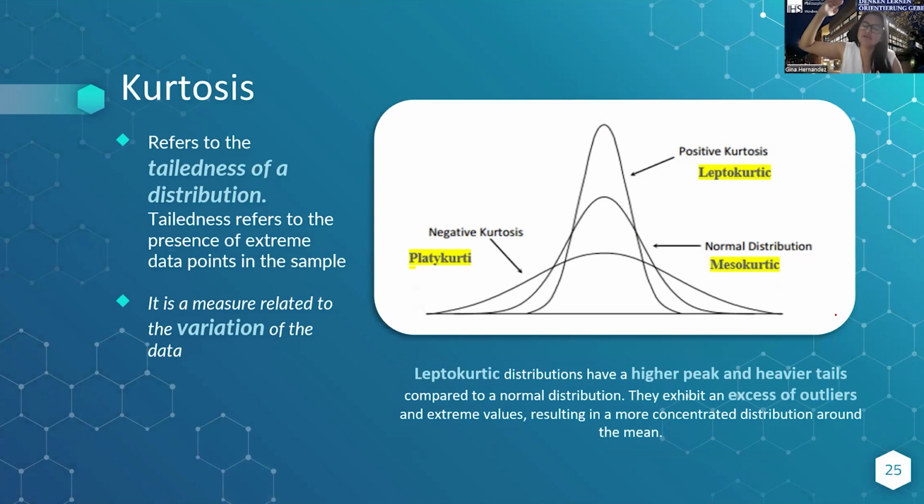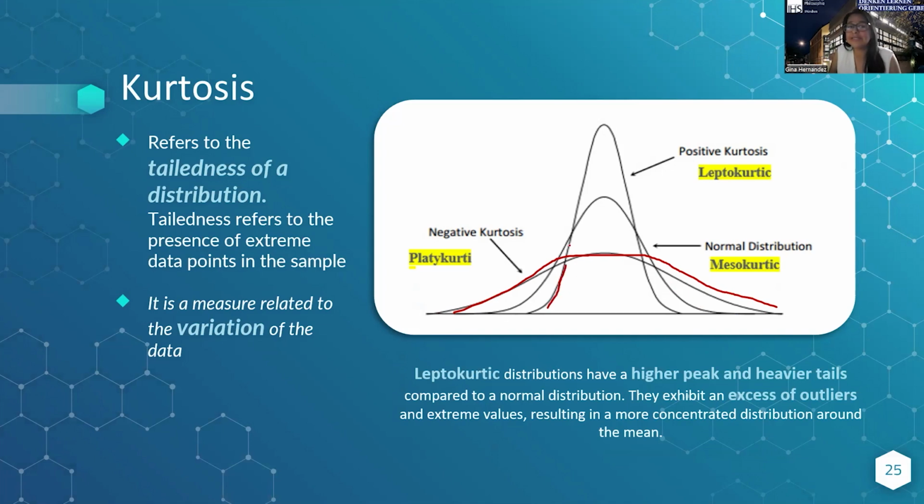If you have a lot of outliers, it will pull the curve, and it will give you one of these two settings where you have a really flat line. Then you will have negative kurtosis. It is also called a platykurtic curve.